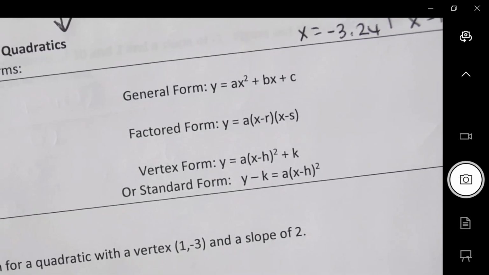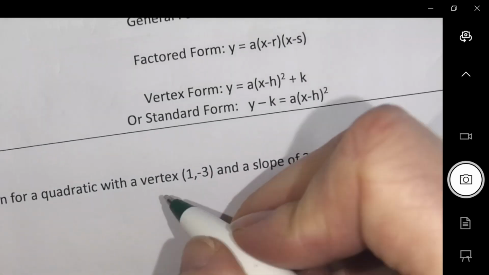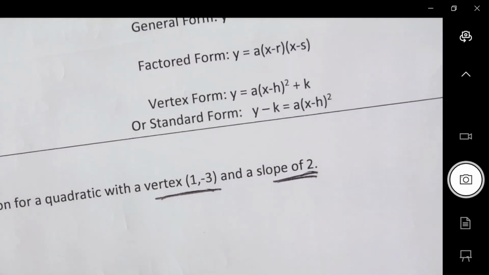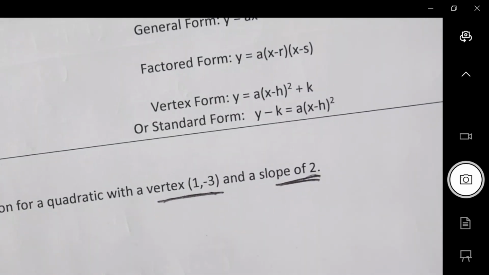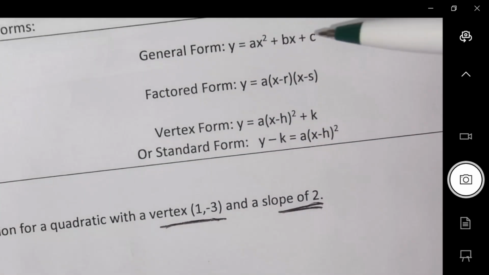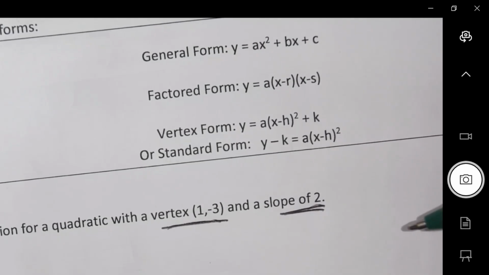Okay, here we go. Make an equation of a quadratic with a vertex of that and a slope of that. Okay, so the slope is what letter, and the vertex is what letter.